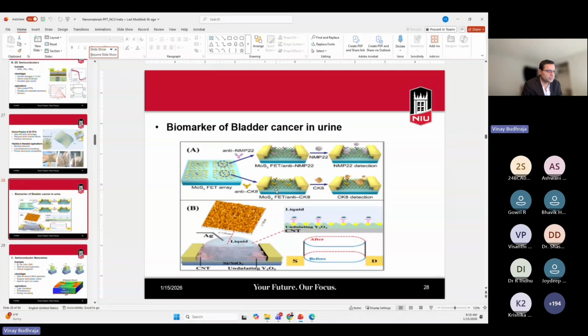In the case of bladder cancer, with carbon nanotube, with In2O3, it's a wet device in microfluidics, and that's also being used in cancer biomarkers.